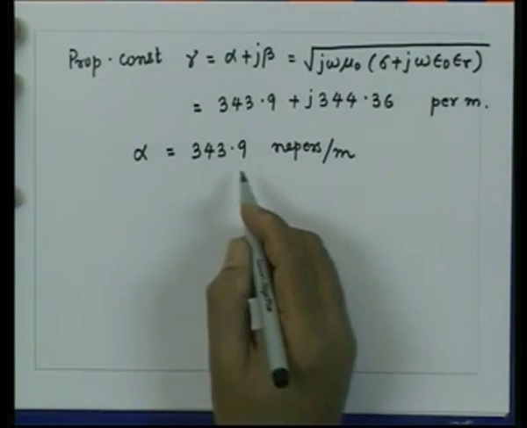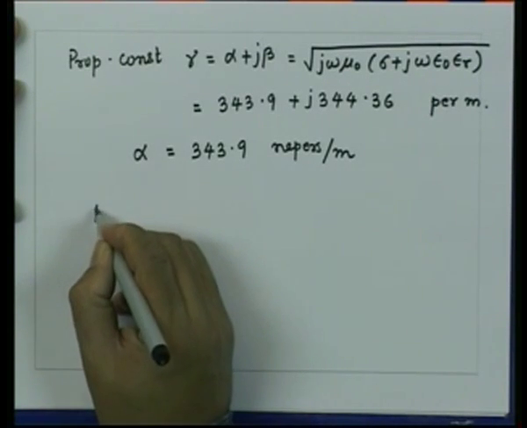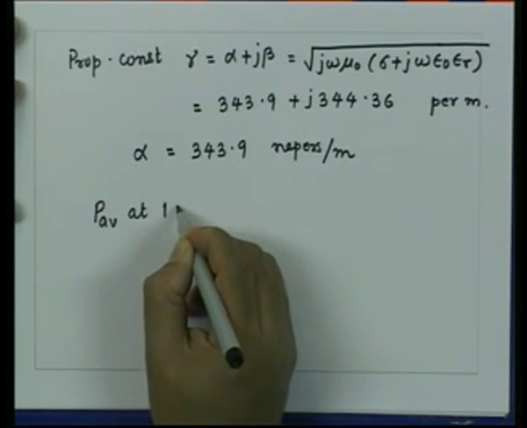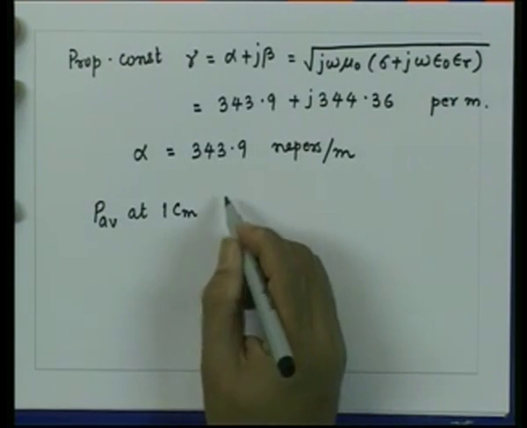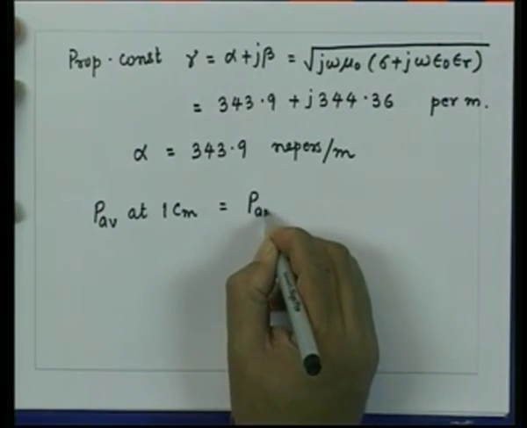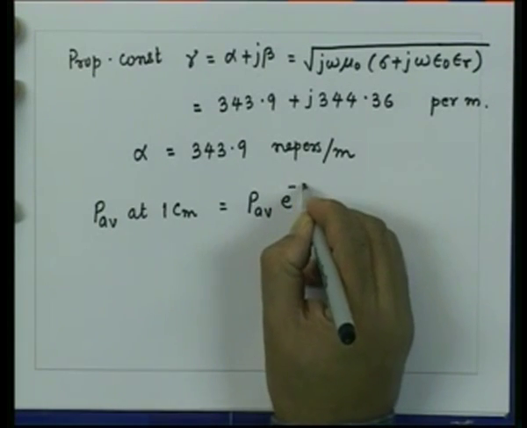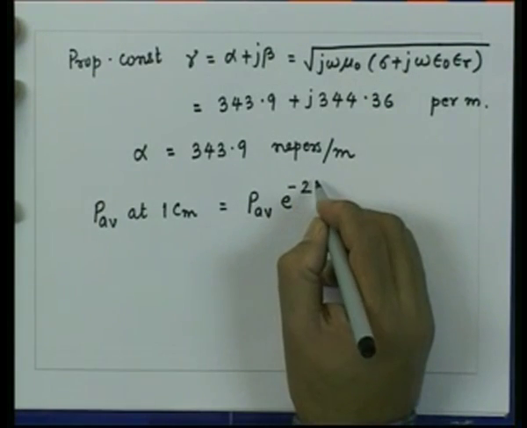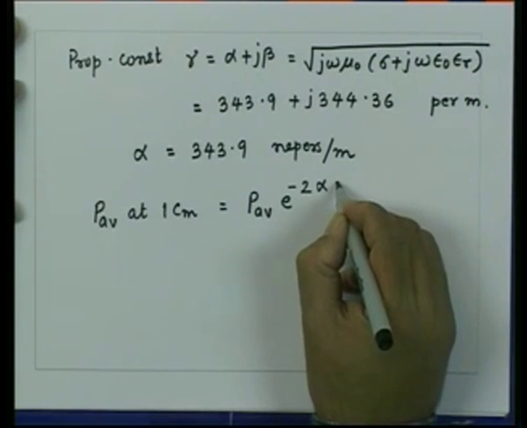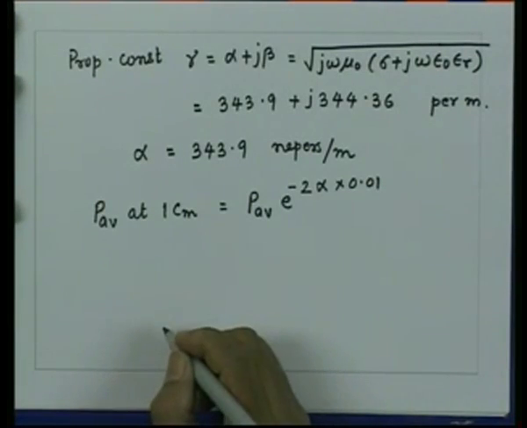So, the power density at 1 centimeter would be P average at 1 centimeter from the initial location, that will be equal to the initial P average which we got, e to the power minus 2 alpha into distance, which is 0.01, that is 1 centimeter.